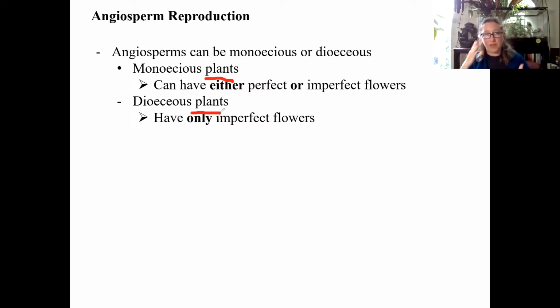Either the male or the female sex organs. So if you're a dioecious plant, you can only have imperfect flowers, because if you had perfect flowers on you, you would have both sex structures on you, and then you would be a monoecious plant. So when you're thinking of monoecious and dioecious, remember that you're talking about a plant. If you're wanting to discuss the flowers, you have to say either perfect or imperfect to discuss the flowers on that plant.